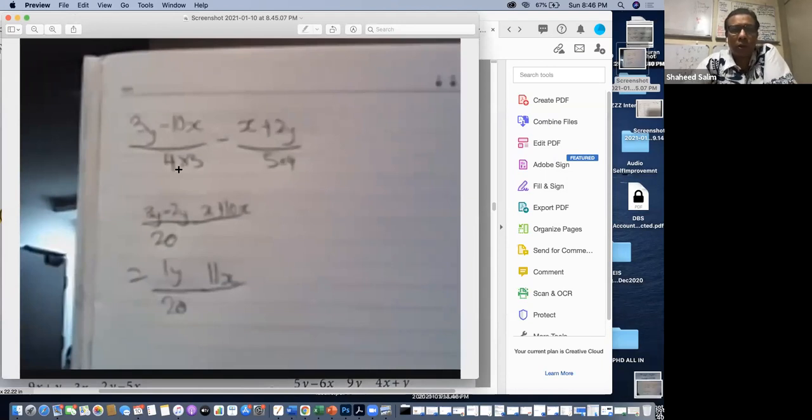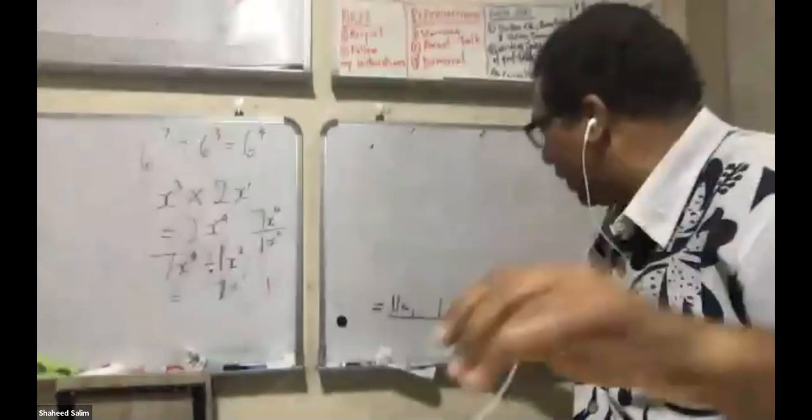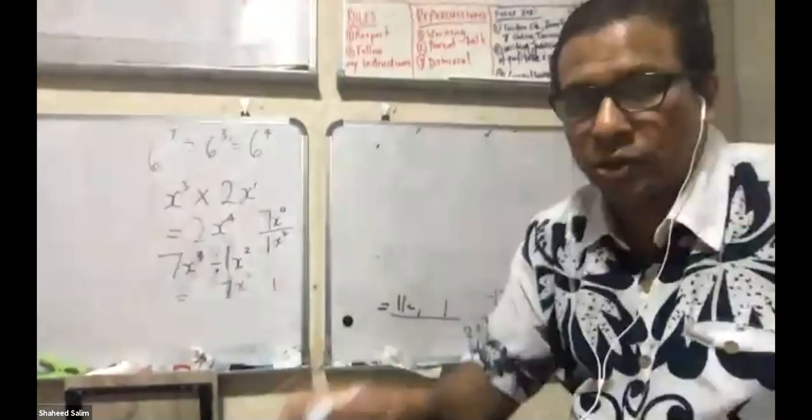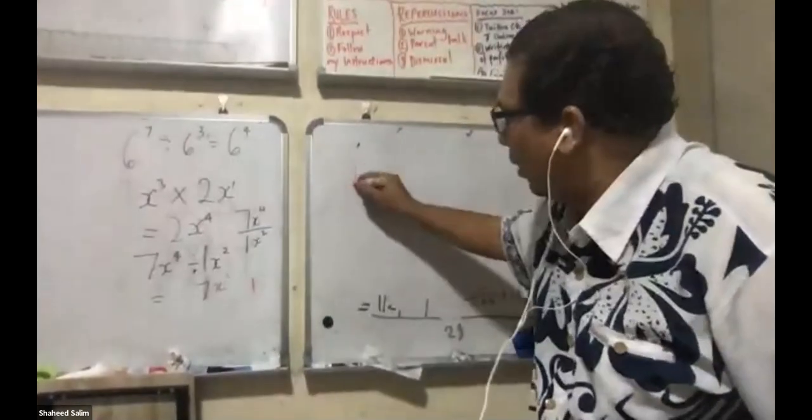So you times the bottom 4, you times by 5. Good. But how come the top you didn't times? It's so unfair. You say you're a fair guy, right? So you times the bottom, you must also times the top. Otherwise, it becomes a different number. You must understand maths is a fair thing. So now, let's say I take this number, 1 over 2.